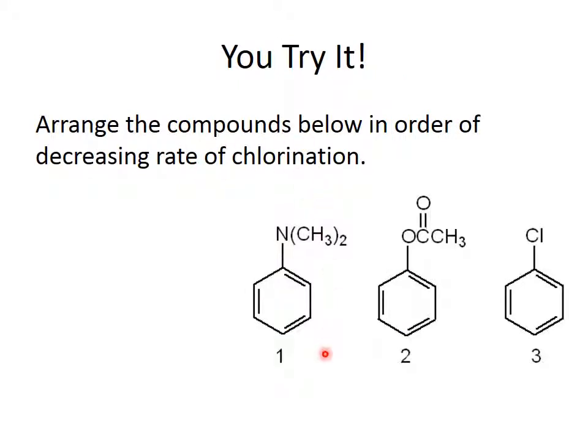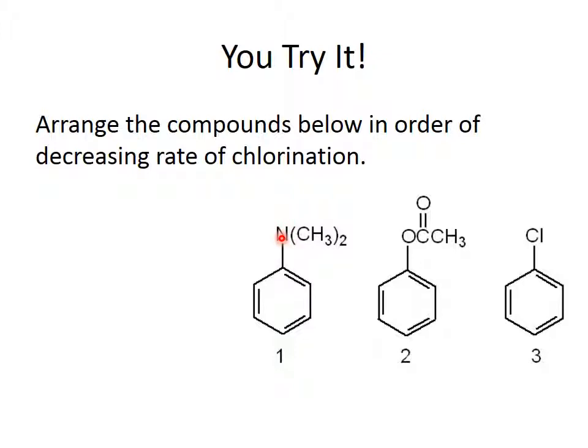Arrange these in order of decreasing rate of chlorination. Well, if I look at these structures, I will see I have an activator and a deactivator. So this is last. Why is this an activator? You say, I see a carbonyl, but watch.